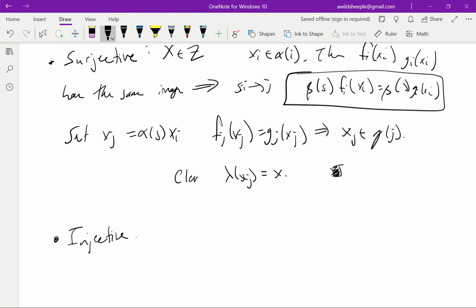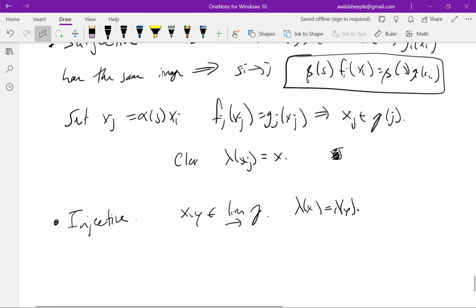So for injective, I take two guys x, y in the limit of gamma with lambda x equal lambda y. And I represent x and y by elements. Again, I pass to this sequence representation.